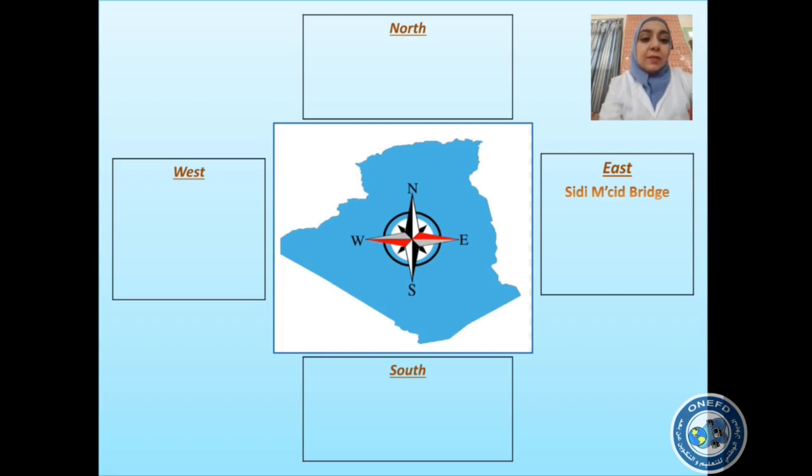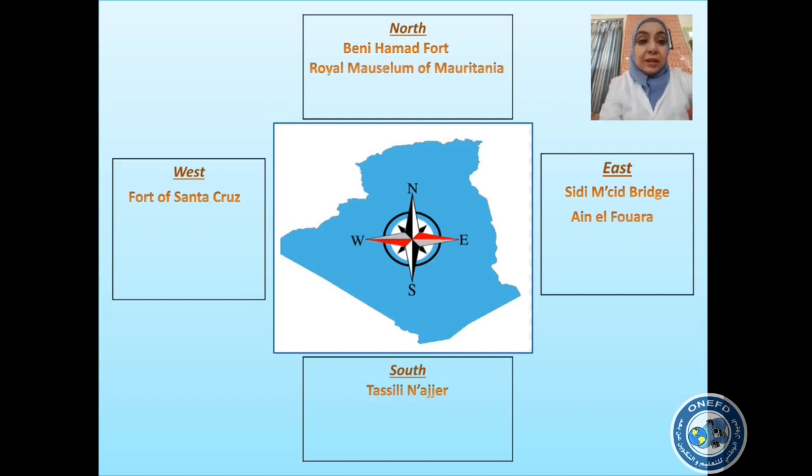So, Sidi Msid Bridge is in the east, Constantine is in the east of course, Bni Hamad Fort in the north, Fort of Santa Cruz west, Ain Fawara east, Tasil Najar south, Royal Mausoleum of Mauritania north, Timgad in the east of course, Palais de Rais the north, Mansoura Mosque, the west. Ketchaoua Mosque, the north.